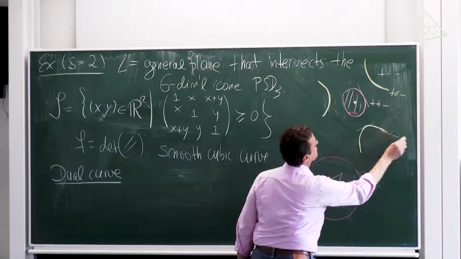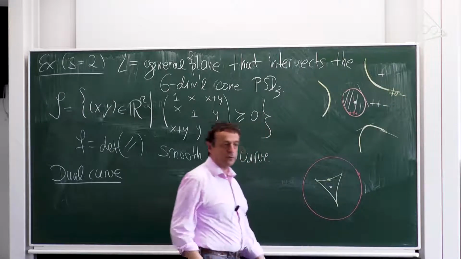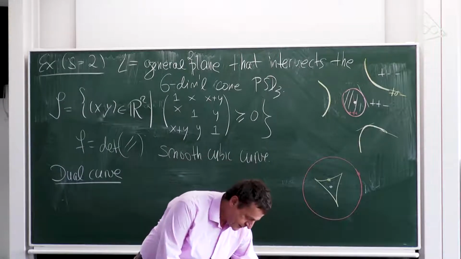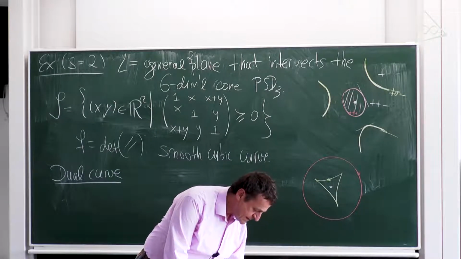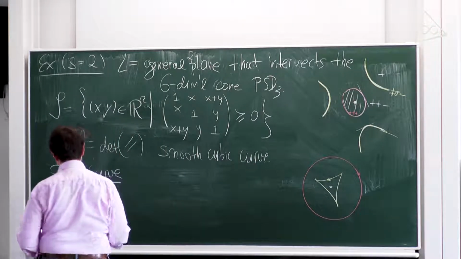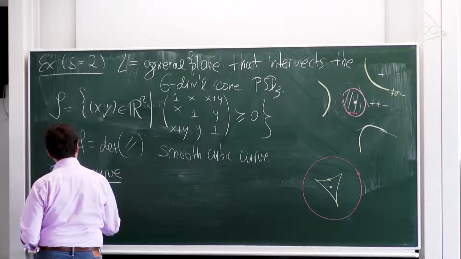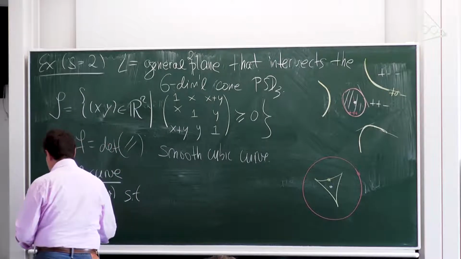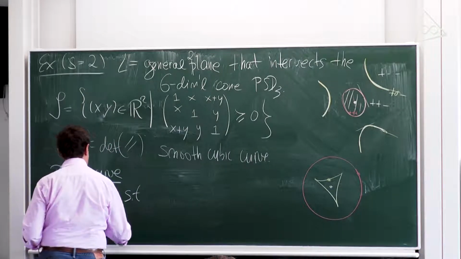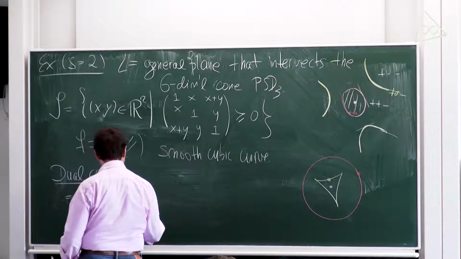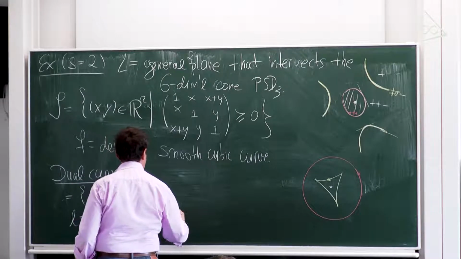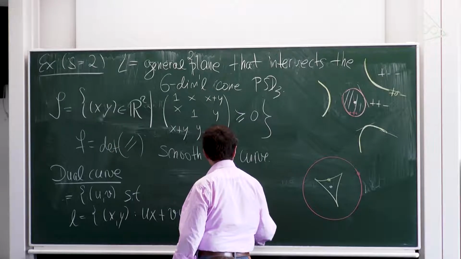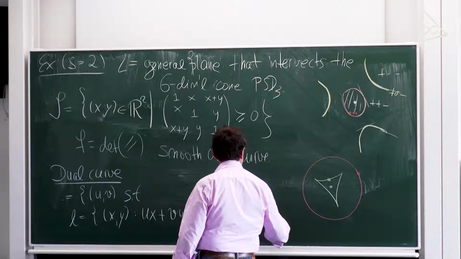This one and this one have a common asymptote over there. So that's the dual curve, and such a dual curve always exists in algebraic geometry. It is the set of all points u, v such that the line ux plus vy equals 1 is tangent in the primal picture.